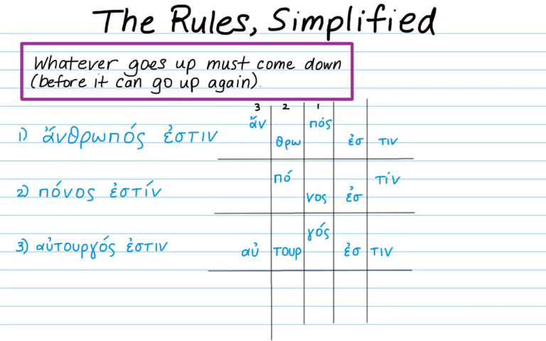Autur gos estin. With the last rule, oi kos estin. Your pitch for oi starts down, goes up, and comes back down again. So then you are able to go up again for kos, and then estin has lost its accent, and both of those are down. Estin. Oi kos estin. The end.